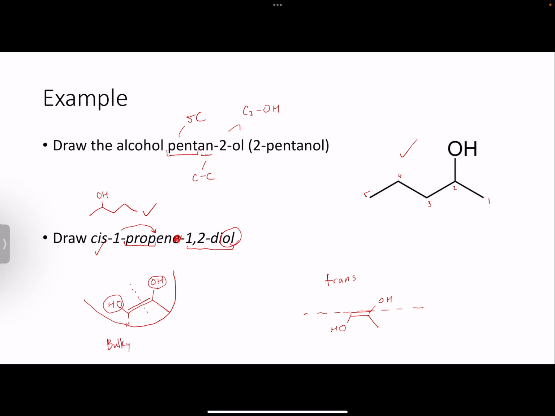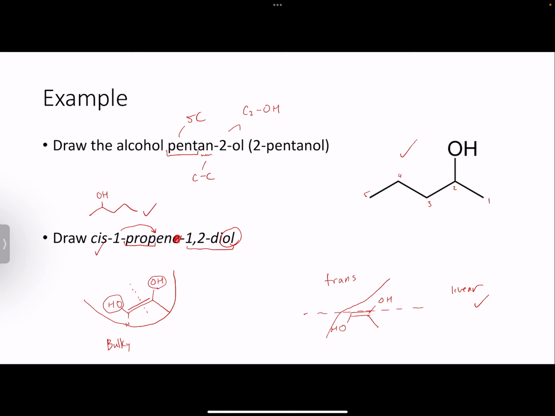So this won't pack as well. This is more linear. This will pack very well. So if you think which one of these isomers, even though they're the same molecule, has a higher boiling point, it'll be the trans isomer in this case because they can pack more together and their intermolecular forces can interact.